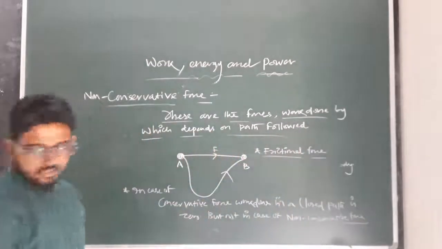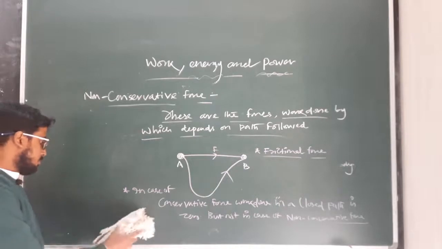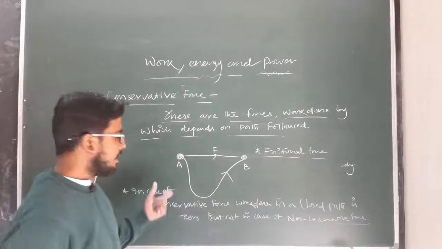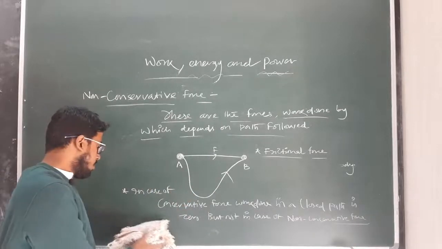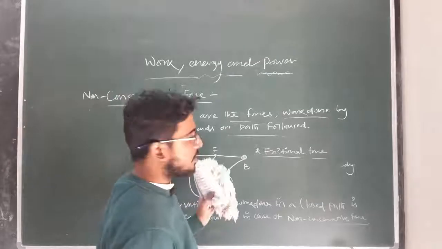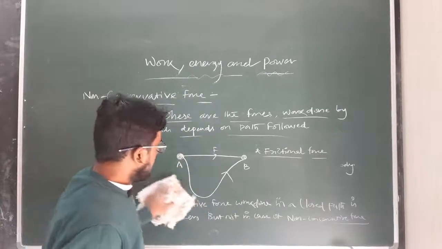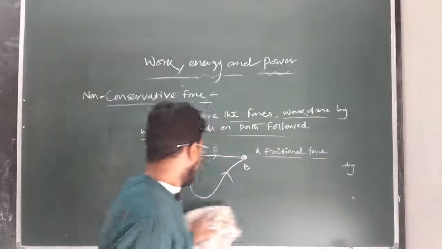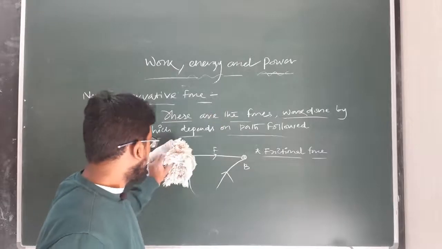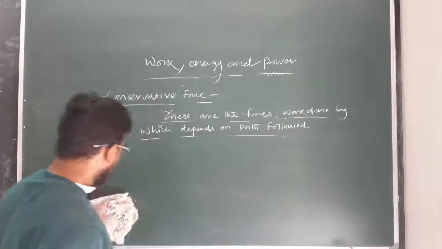So these are two types of forces, conservative force and non-conservative force. In conservative force, the work done is independent of path followed, and in a closed path the work done is 0. But in case of non-conservative force, the work done depends upon the actual path followed by the body, and in a closed path the work done can't be 0. The example of non-conservative force is frictional force, and conservative forces are gravitational and electromagnetic force. Clear?